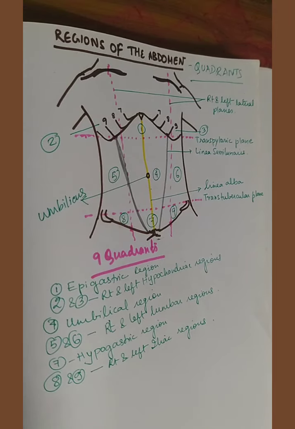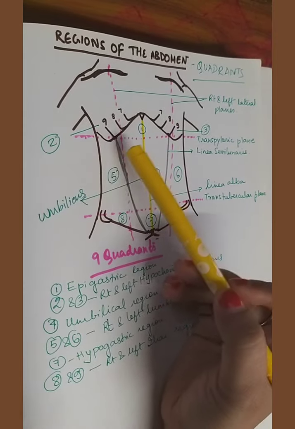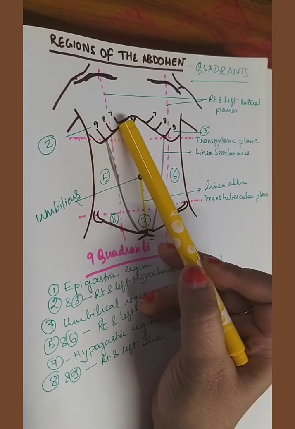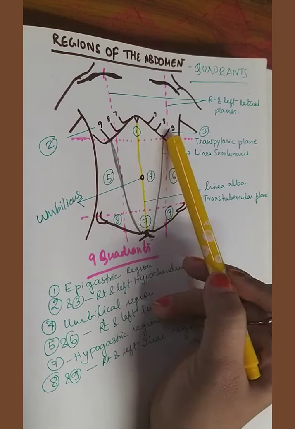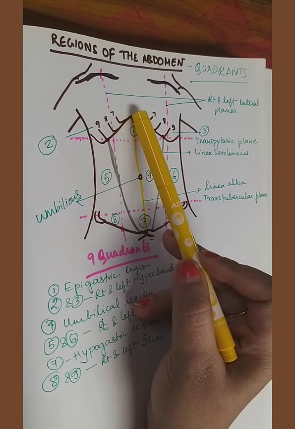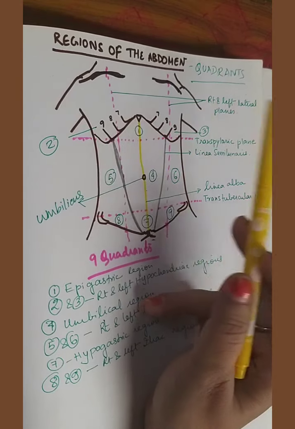Now, the next topic is the anterior abdominal wall. To move into that topic, we first have to know the extent of the anterior abdominal wall. Above, it is limited by the right and left costal margins and the tip of the xiphisternum.